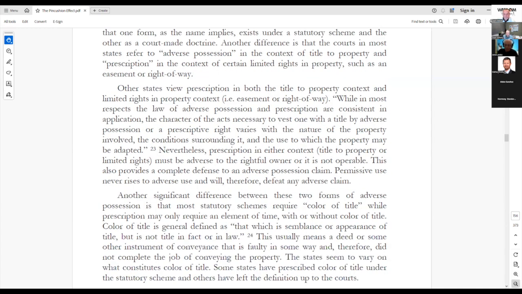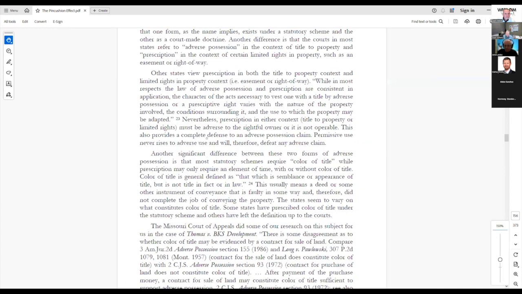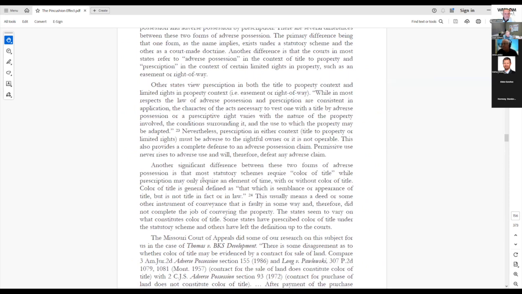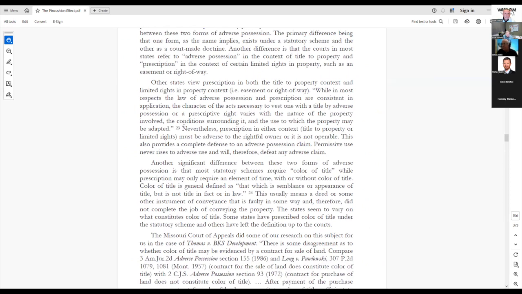Okay, and then getting into what TK said a little bit ago, and Matthew was too, under 5.03.1, it's the bottom of the second paragraph there. He talks about permissive uses, which would be easements, and so what he's talking about is probably unwritten permissive uses that couldn't then be construed as adverse possession.